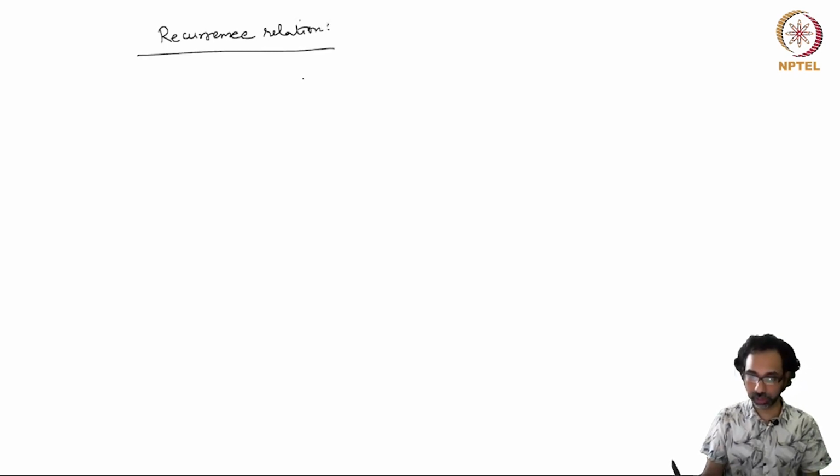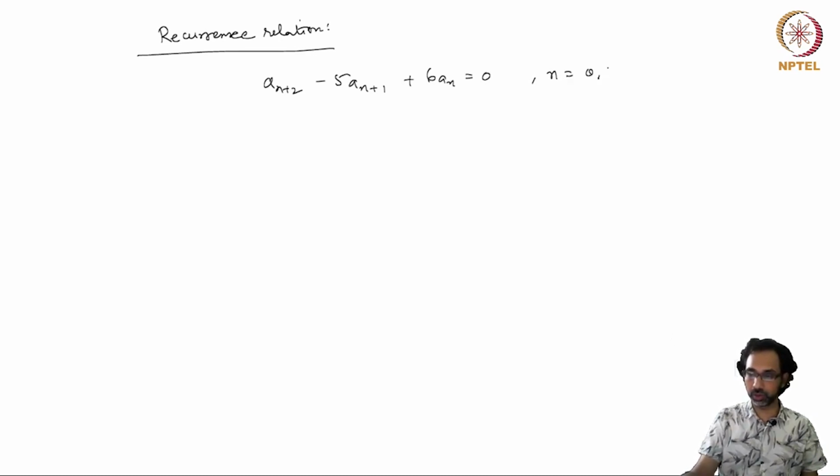So let's take the following recurrence relation: a(n+2) minus 5 a(n+1) plus 6 a(n) equal to 0 for n equal to 0, 1, 2 and so on, and given the initial conditions a(0) equals 0 and a(1) equals 1.